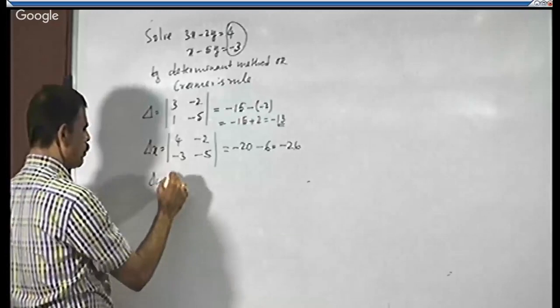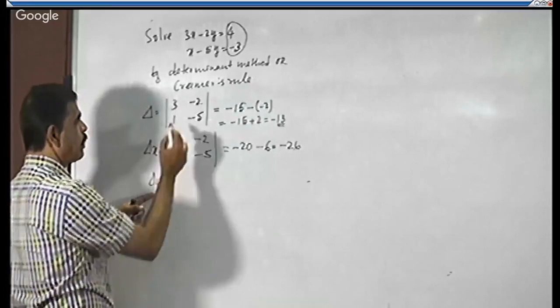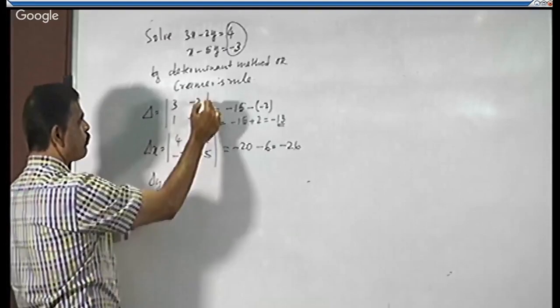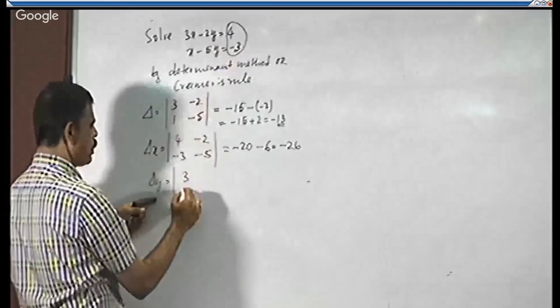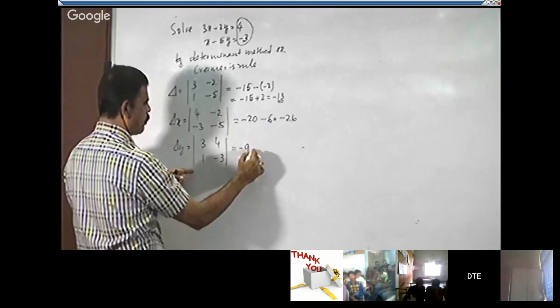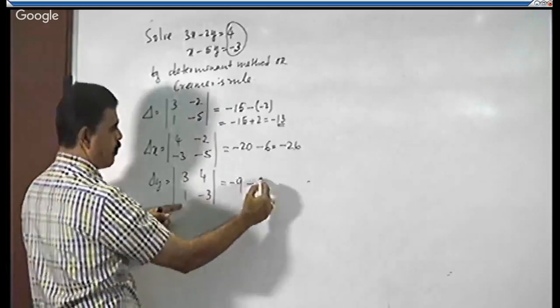Delta y is equal to, while writing delta y, in delta we should replace the y coefficients by the constants. That is 3, 1, 4, minus 3. Take the product. 3 into minus 3 is minus 9, minus 9, minus formula minus 1 into 4 is 4.